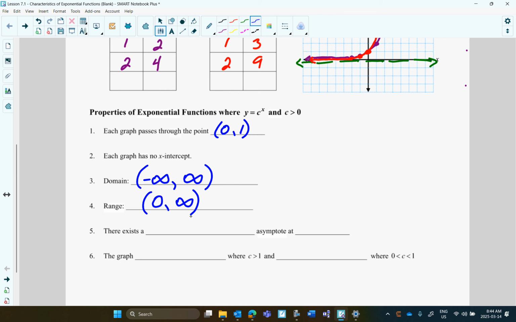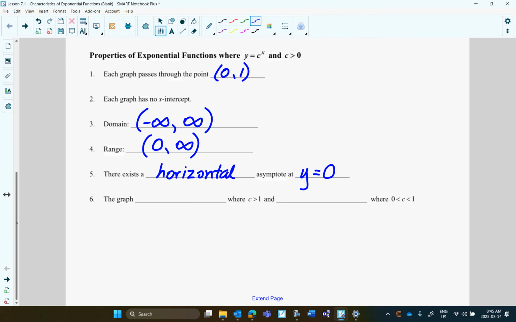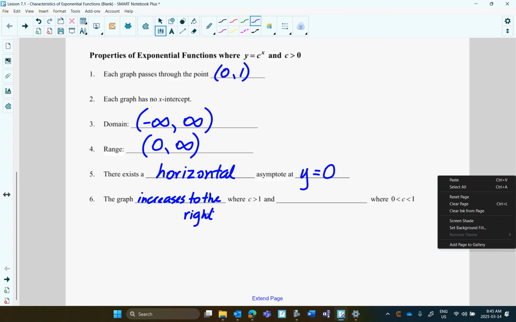I already talked about this. There exists a horizontal asymptote at y equals 0. And the graph increases to the right when c is greater than 1.